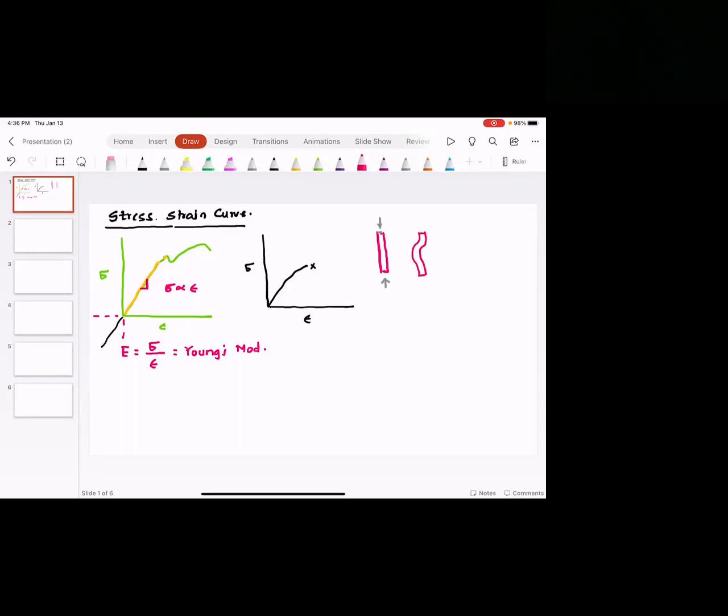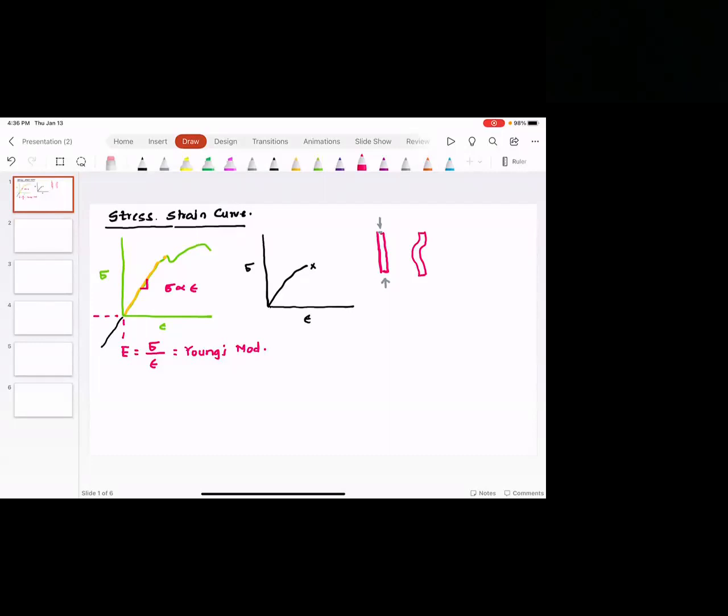And buckling is a very common failure for beam columns, which means the columns, the beams that are used to support the compressive load vertically, they are susceptible to failure in buckling. Now, Young's modulus deals with tensile stress by tensile strain or compressive stress by compressive strain.